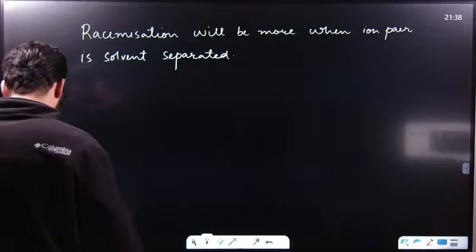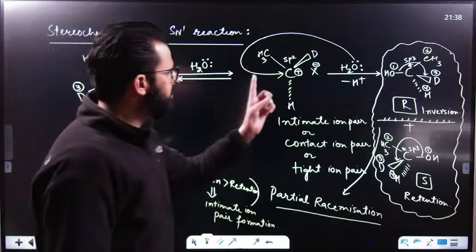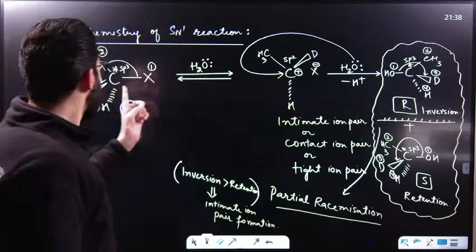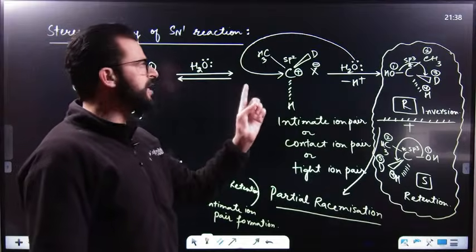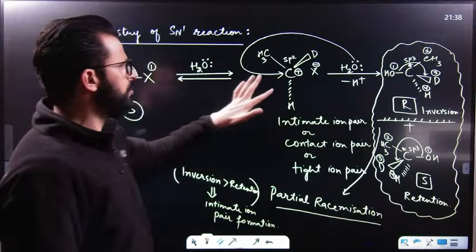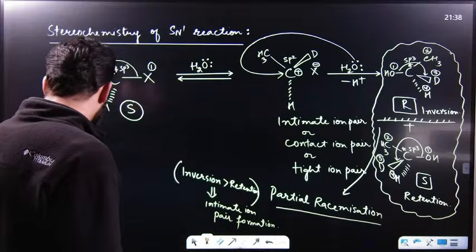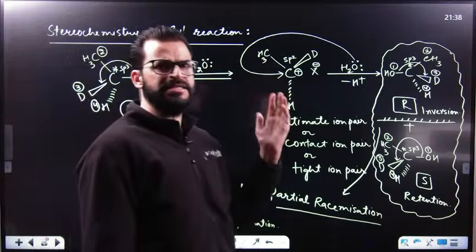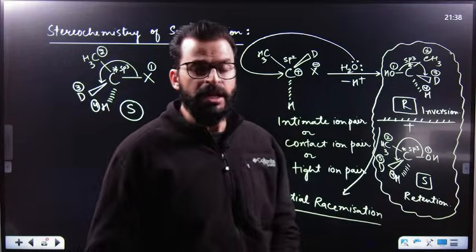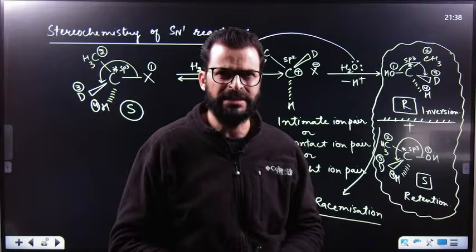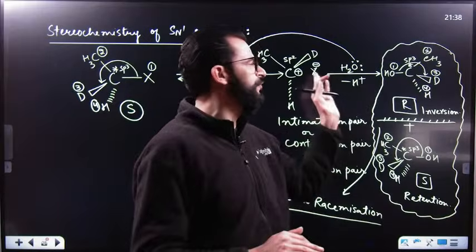What does that mean? Have a look. Now if we do an SN1 reaction of a substrate in which there will be two carbocations, one carbocation is less stable, another is more stable. Remember, if a carbocation is more stable, its reactivity with the nucleophile will be lesser.